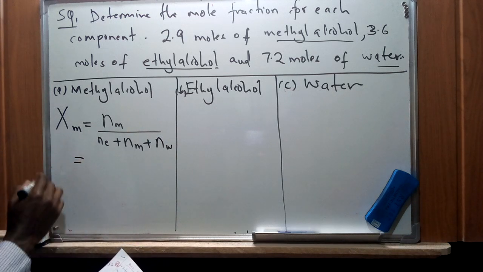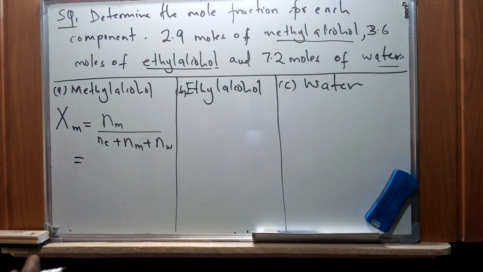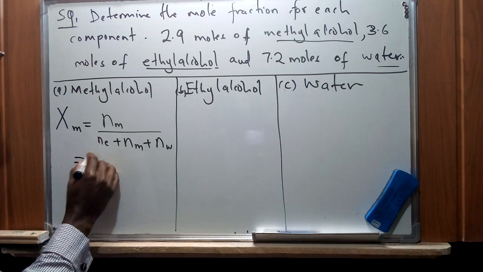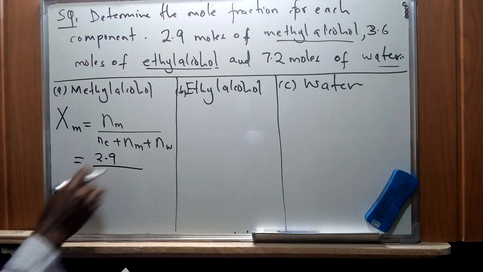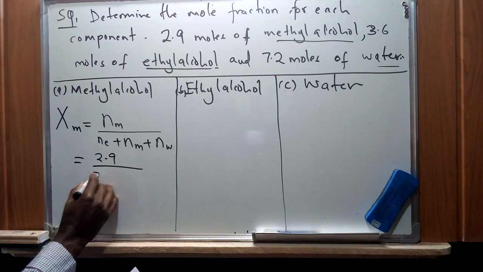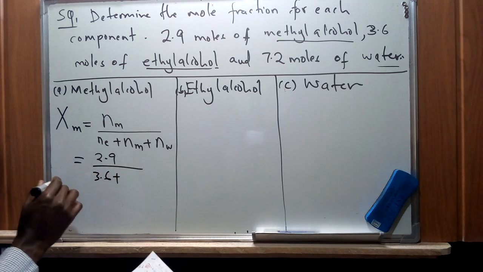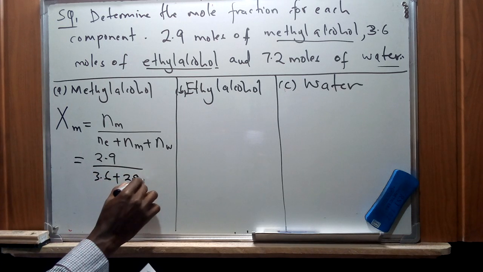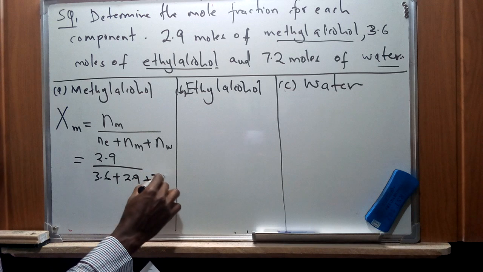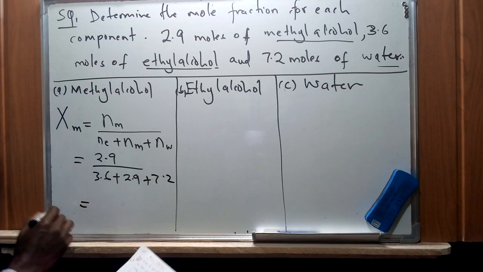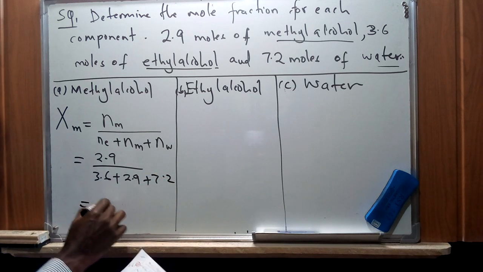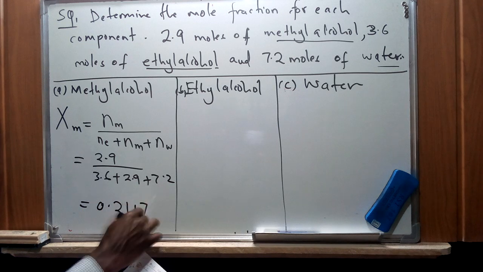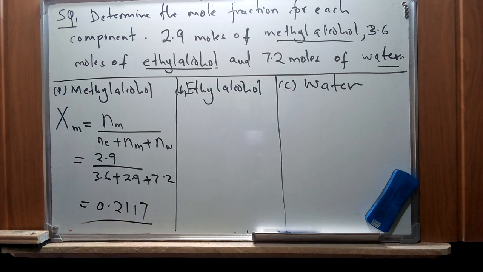So we're going to extract this information from the statements we have been given. The number of moles of methyl alcohol is 2.9, divided by, the other figures I'm just going to write here now that we have been given the exact figures in the question, 7.2. This is going to give us 0.2117 for methyl alcohol.